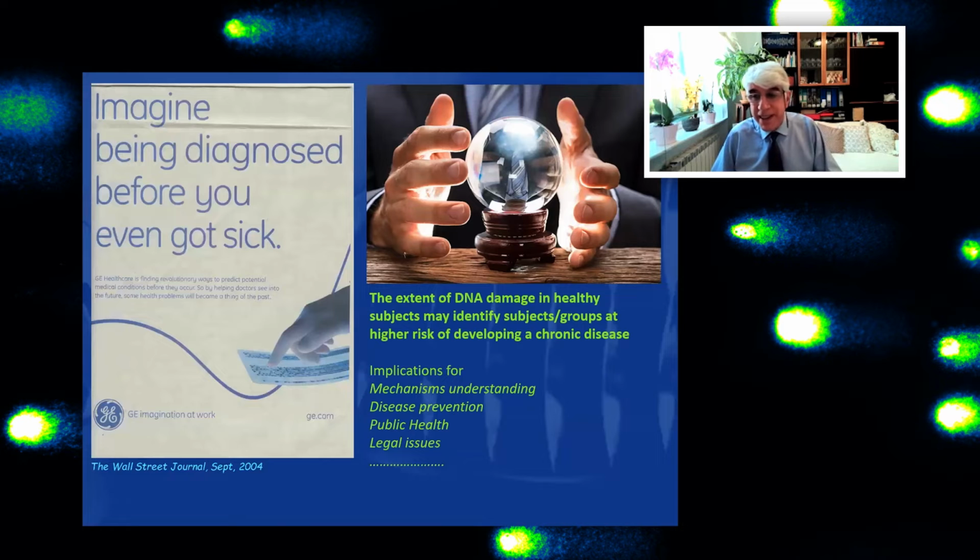But a lot of interest was also on the second part, so understanding if by measuring the COMET assay in subjects, we can predict the long-term risk of dying of chronic diseases, getting a cancer, or getting any other adverse events. Obviously, what happened for chromosomal aberrations and micronuclei is that these biomarkers are somehow considered risk biomarkers.